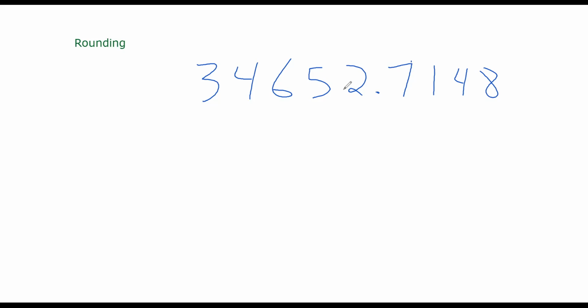Let's remember what each of these places are called. And remember that big fat decimal point there. This first one here is called the ones place.